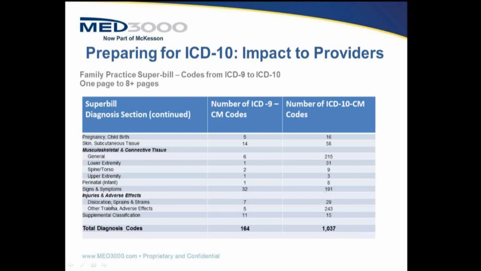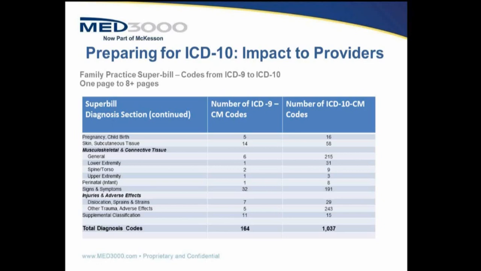Then under injuries and adverse effects, if you look at trauma, we currently have 5, it goes to 243. So within this page, it goes from 1 page to 8 pages. You were at 164 codes. You're now over 1,000 codes.